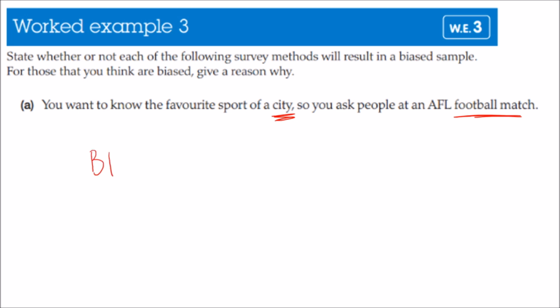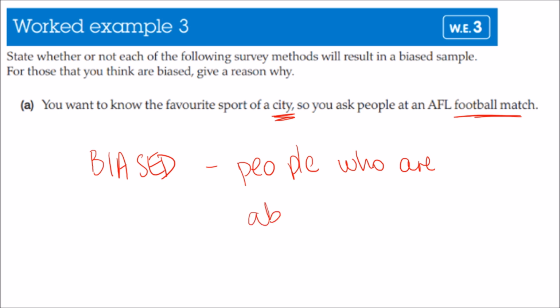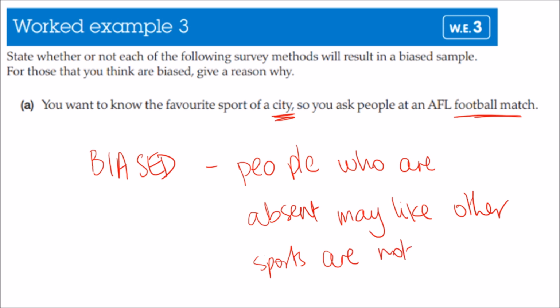So this is definitely a biased survey, because people who are absent and probably not liking football are not there. People who are absent may like other sports, but are not surveyed.